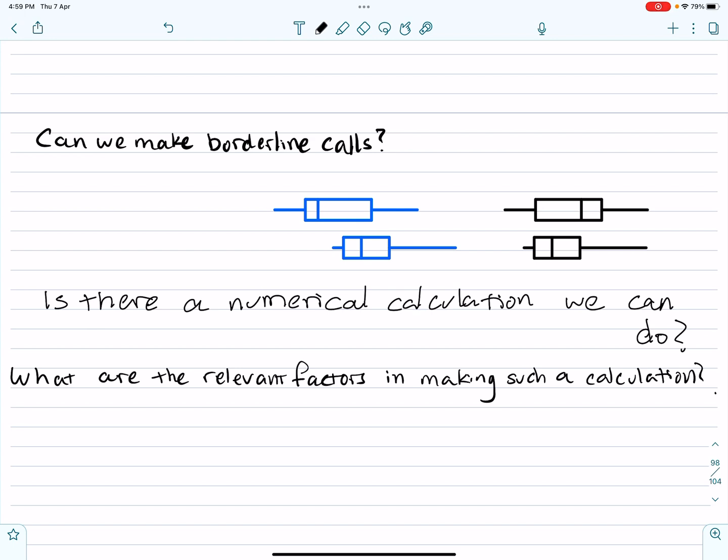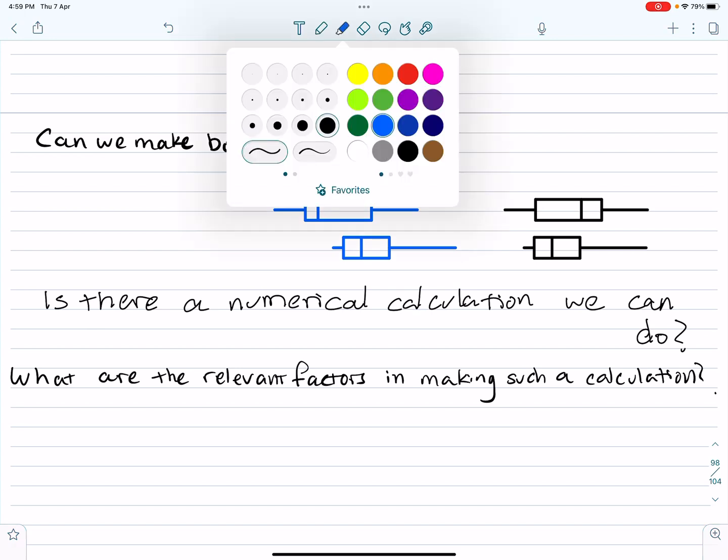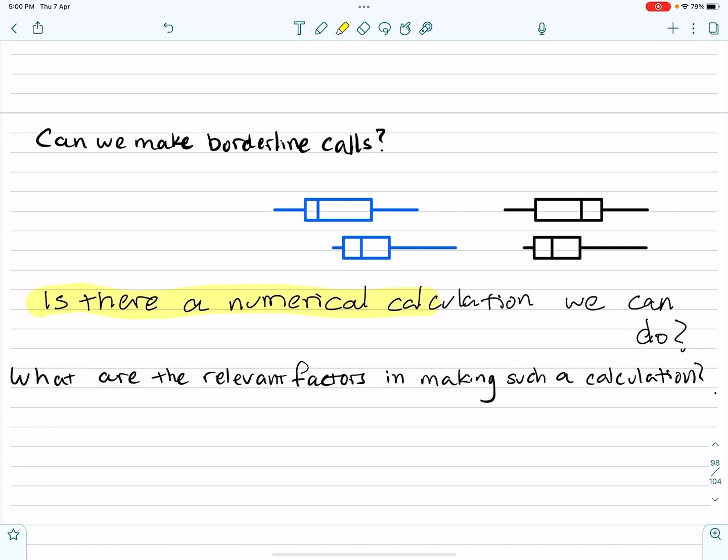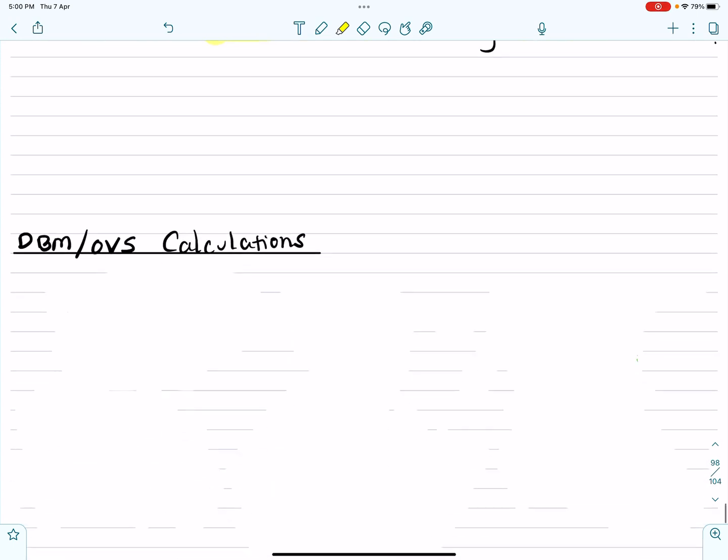As mathematicians, though, we wonder: is there a numerical calculation that we can do to remove this vague, language-based uncertainty? Surely in mathematics there are some numbers we can call upon to help us make the call. Well, there is. So let's think about the relevant factors in such a calculation.